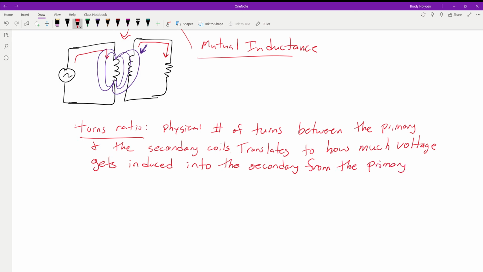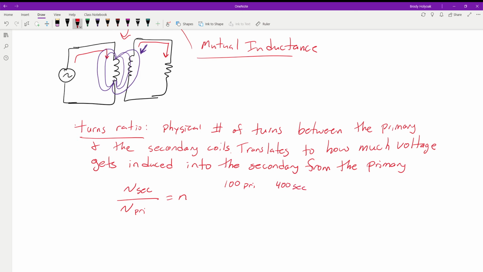The idea behind this is it's a direct relation. The ratio we have is the number of turns in the secondary over the number of turns in the primary. That's going to give us our little n, the turns ratio. Let's say we have 100 turns in our primary and 400 turns in our secondary.